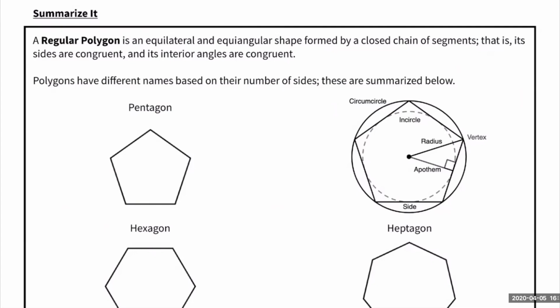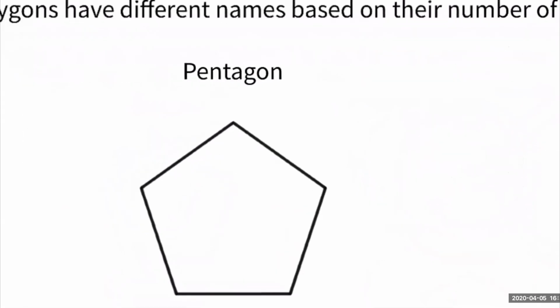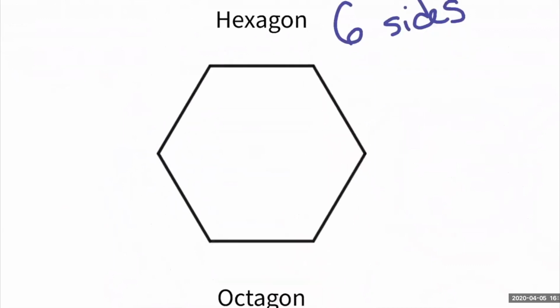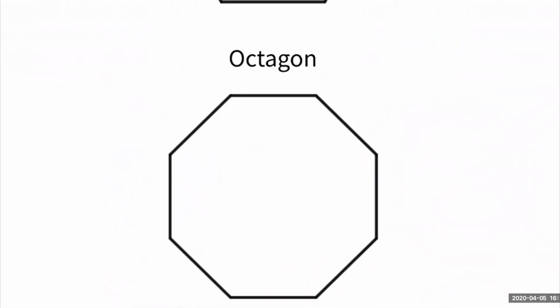Polygons also have different names based on their numbers of sides. For example, you might know that a pentagon has 5 sides. You might also know that a hexagon has 6 sides, and you probably also know that an octagon has 8 sides.